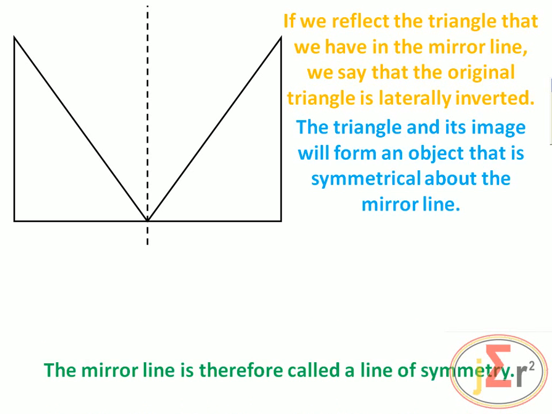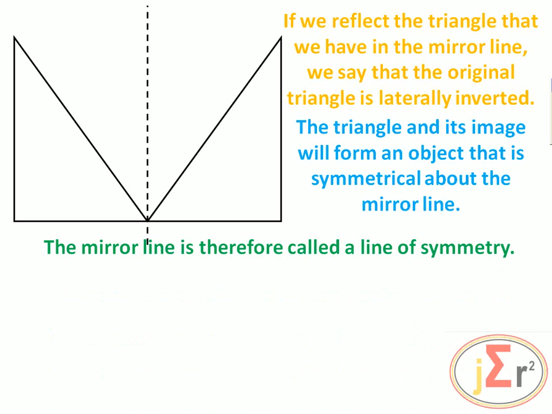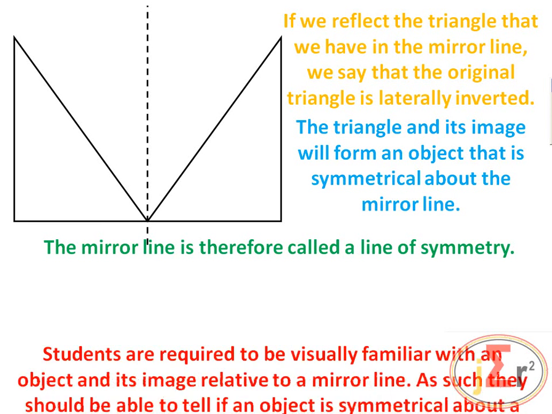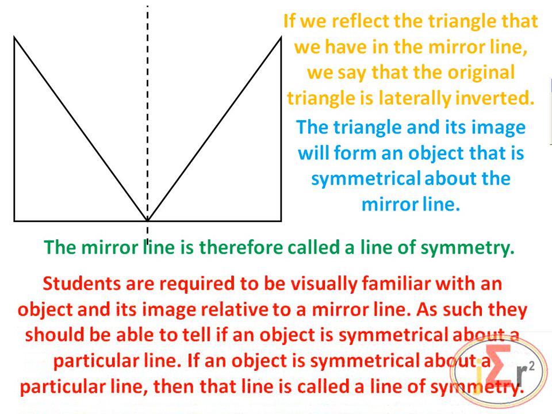The mirror line is therefore called a line of symmetry. Students are required to be visually familiar with an object and its image relative to a mirror line. As such, they should be able to tell if an object is symmetrical about a particular line. If an object is symmetrical about a particular line, then that line is called a line of symmetry.